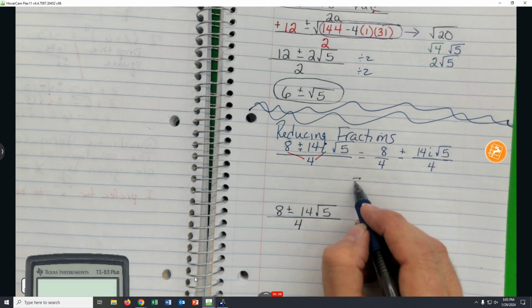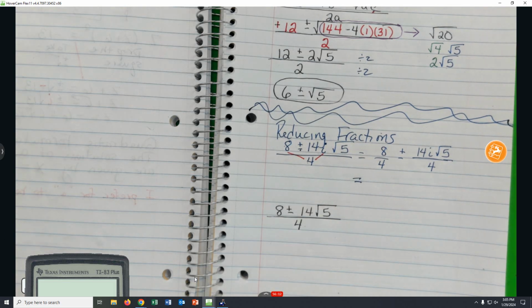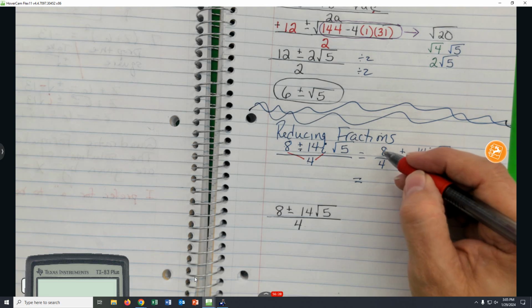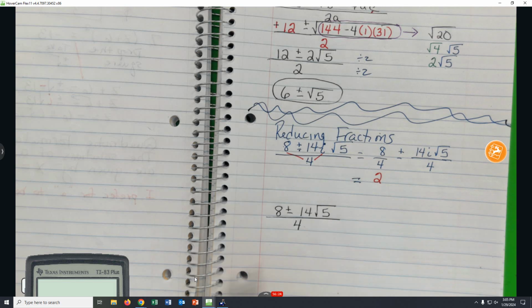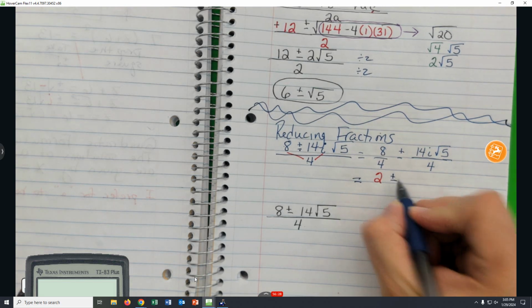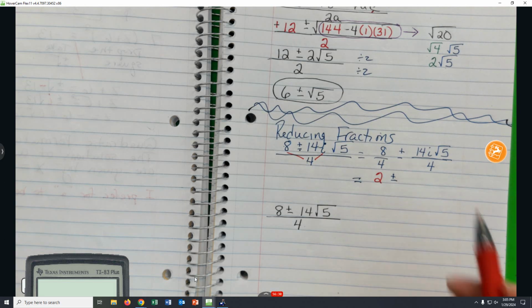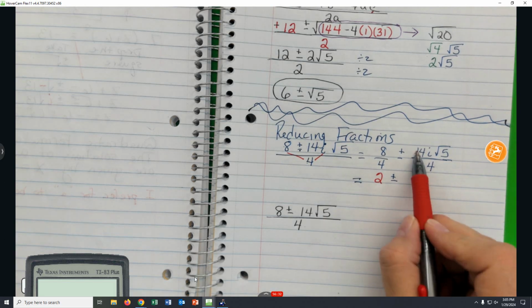This is how we reduced those fractions on the second assignment called complex numbers. I think it was problems 3, 4, 5. When you break it up like that, 8 over 4 we could write just as a 2, then plus or minus 14 over 4.